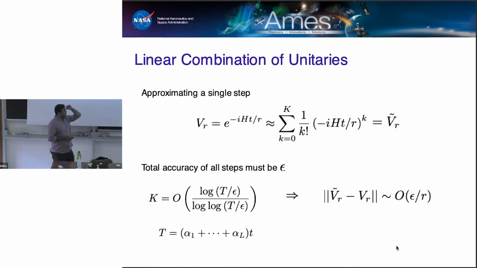Okay, so now we said that we want the approximation error of any single segment to be roughly epsilon over r. This is ensured by taking the truncation in the Taylor series to be roughly log T over epsilon over log log T over epsilon, where this capital T is the sum of coefficients times the time evolution time t. It's a nice result that if you choose K in this manner, then the approximation error is going to be epsilon over r.